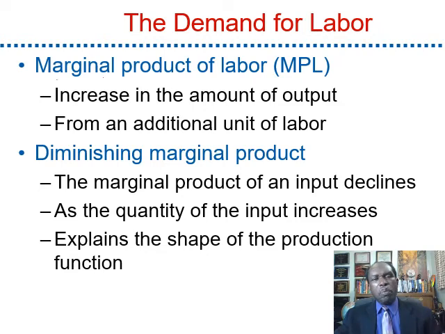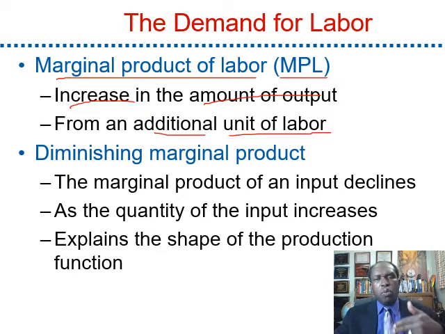So the marginal product of labor (MPL) is the increase in the amount of output from an additional unit of labor. For instance, if you hire one more worker, how much additional output would that worker be able to produce? It's basically the productivity of each worker.